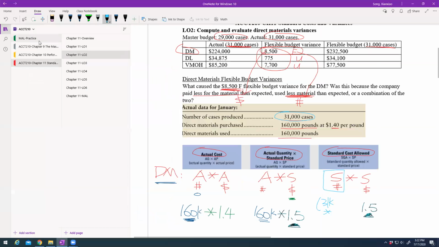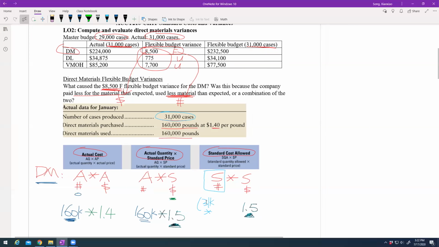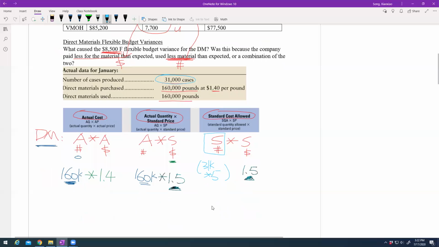For the standard, each case should cost 5 pounds. We totally produced 31,000 cases, each one is 5 pounds, so the standard pounds should be 155,000 pounds. Okay, so now we can do all these numbers.